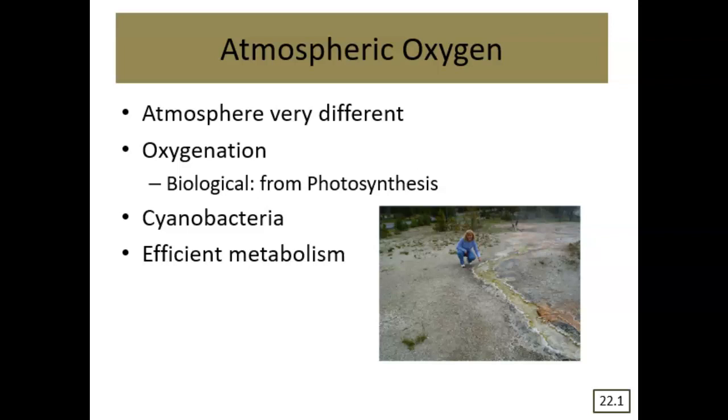Another benefit is that the oxygenated atmosphere resulted in the development of ozone, whose chemical formula is O3, 3 oxygens, and that ozone serves as a shield for ultraviolet radiation to keep organisms on the surface of the Earth safer from the damaging UV radiation in sunlight. So both of these things are really key to the success of organisms, including humans, here on Earth.